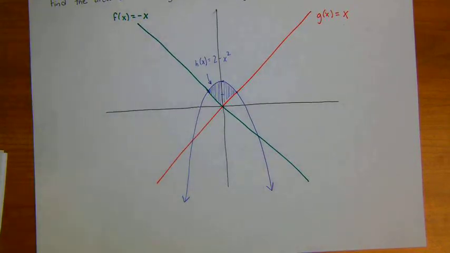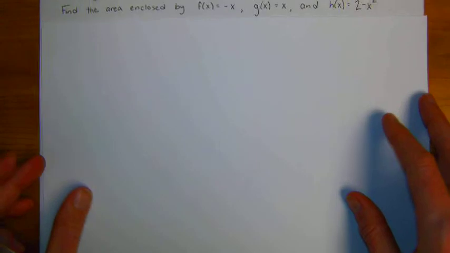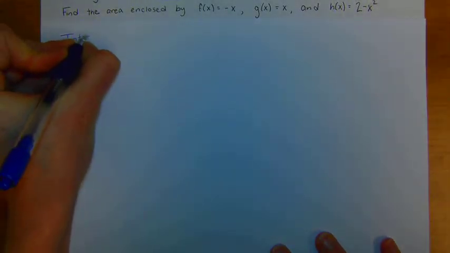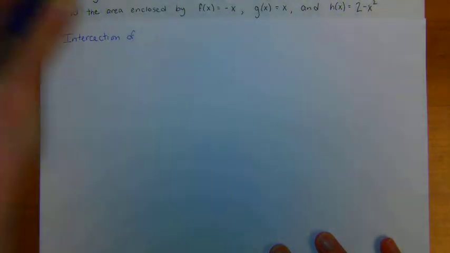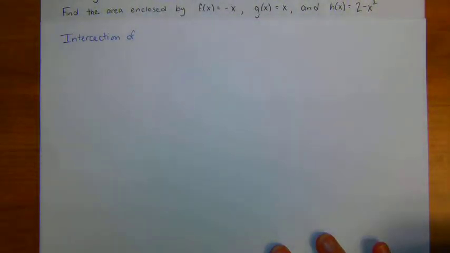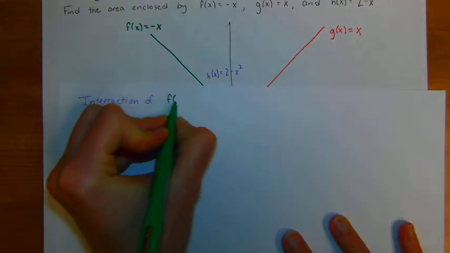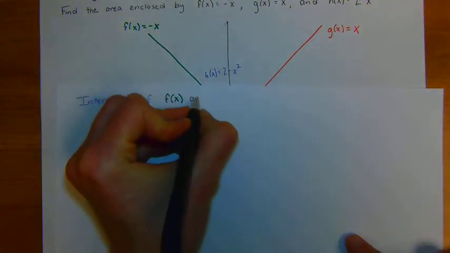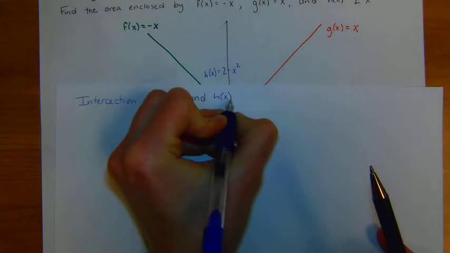So again, just like step 1 previously, I'm going to look for intersection points. I need to know the intersection of f of x in green and our parabola curve h of x.